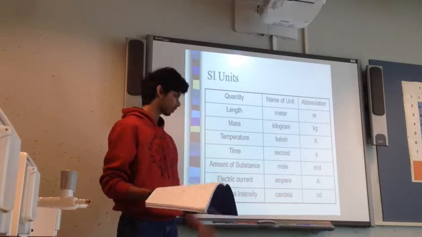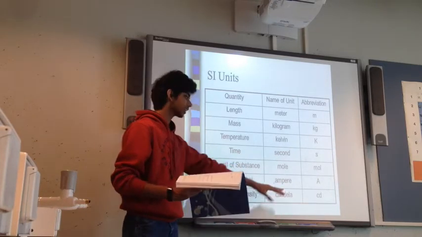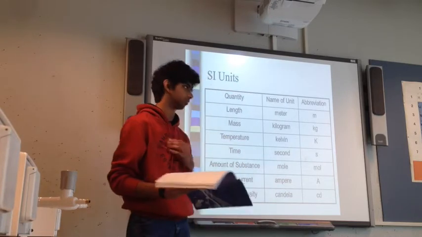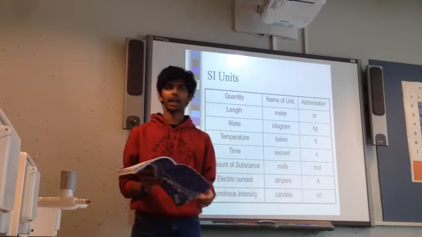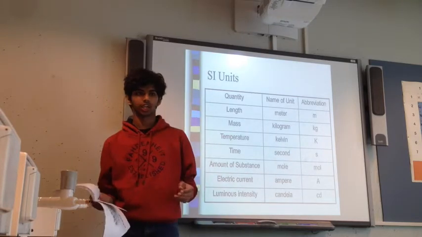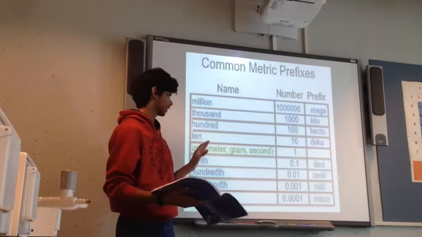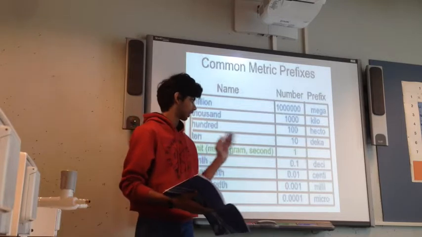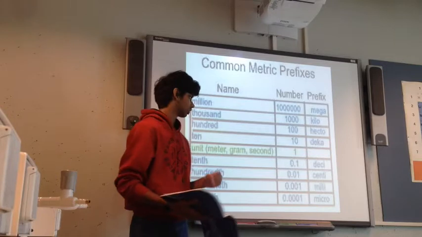Then we have ampere, which is the unit for electric current. And finally, the last one, which we don't need for this IB study, is candela, which is how luminous an object is, or how sunny a sun is. After this, we have the metric multipliers, which is basically anything like 10 to the power of any number.